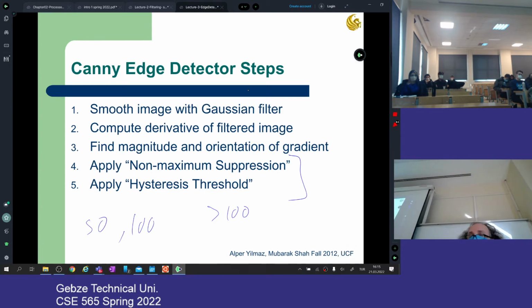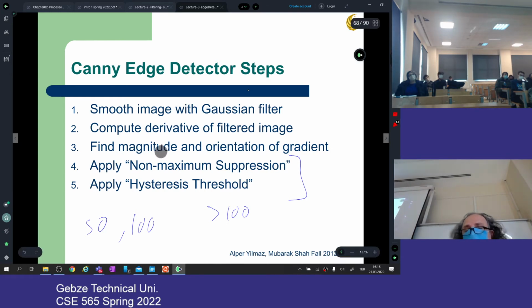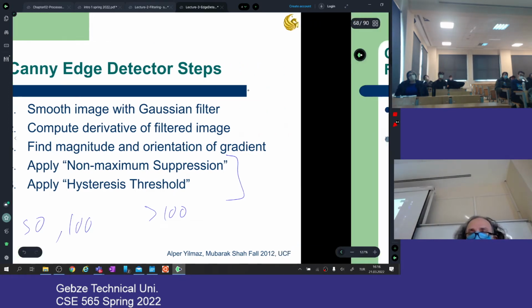I will take that as an edge, but anything above 50 that is connected to the pixels that are above 100 will be taken as edge pixels too. So if you have a very strong neighboring pixel that is considered an edge, then I will consider you as an edge too. That's called hysteresis thresholding, and we are going to see that. It looks like these first three steps are very familiar, so we are going to spend some time on number 4 and number 5.